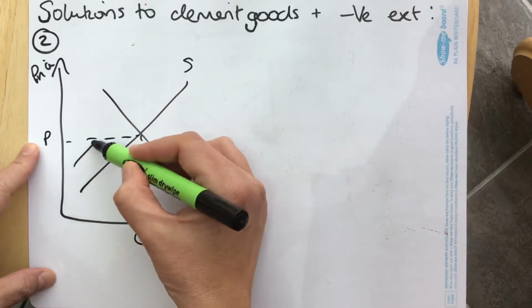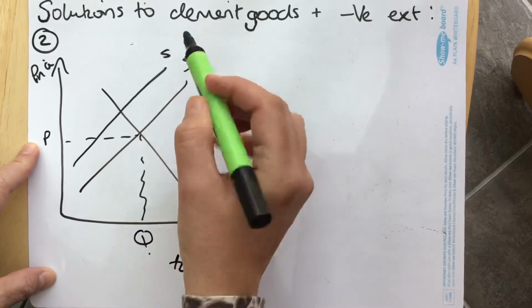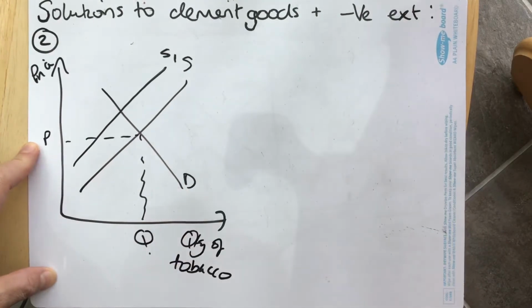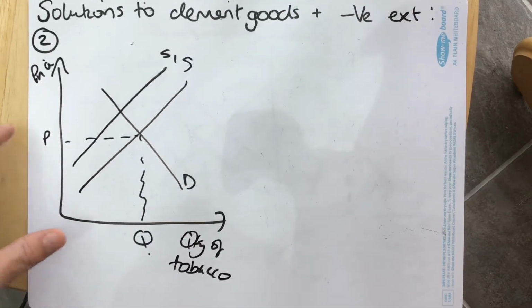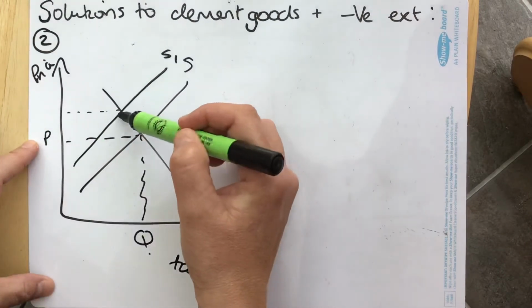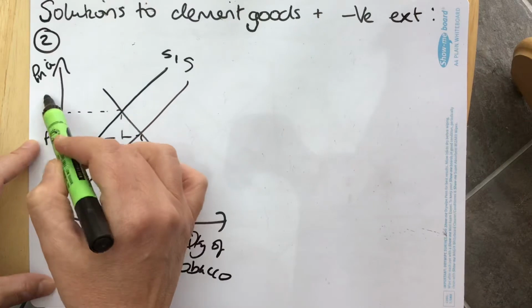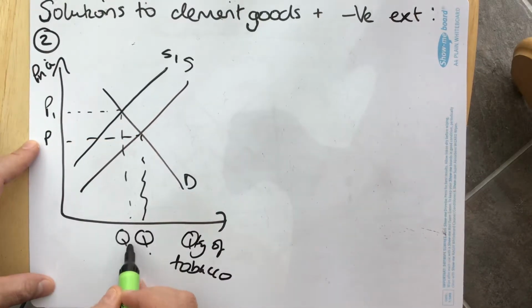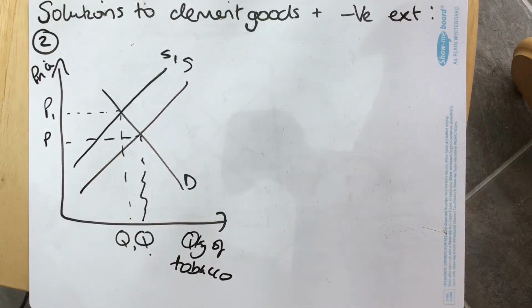That is a cost that will be incurred by the business. An increased cost, as we know, shifts the supply curve to the left, which takes us to a new equilibrium where the price being charged is higher at P1. The quantity being consumed will therefore be lower at Q1.